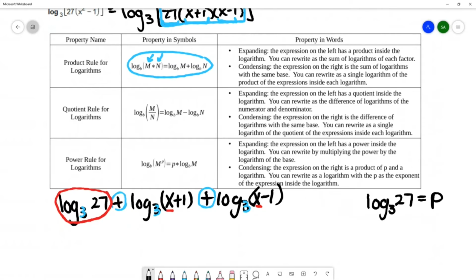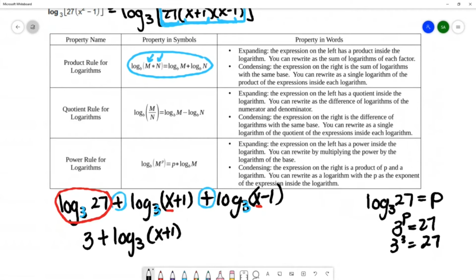I can rewrite that as an exponential. That's 3 to what power is 27. 3 to the third power is 27. And so this logarithmic expression, log base 3 of 27, is equal to 3. So we can write that as 3 plus log base 3 of x plus 1 plus log base 3 of x minus 1.